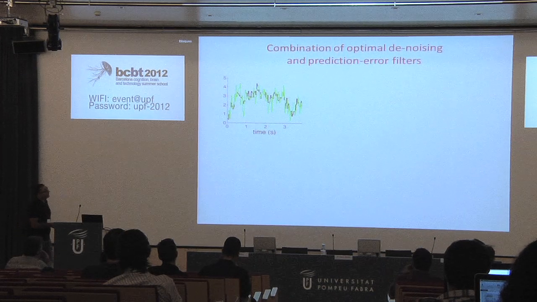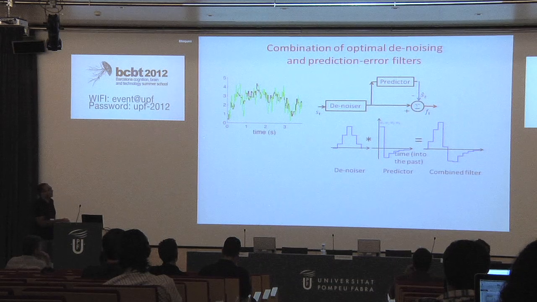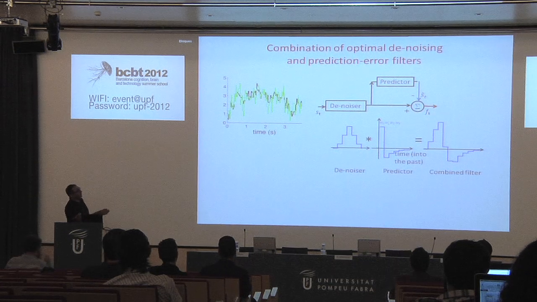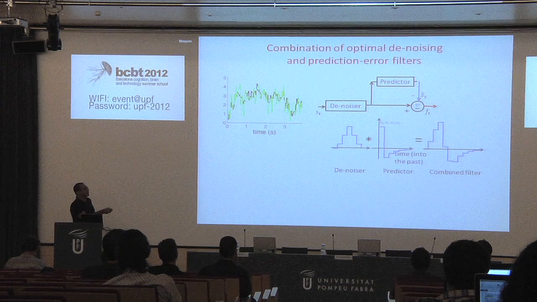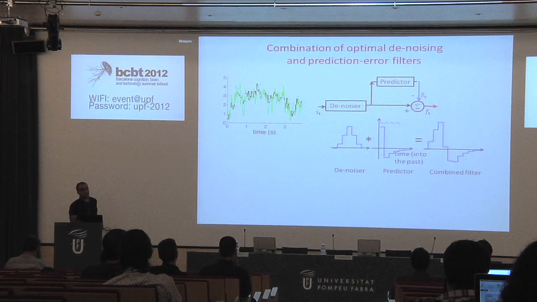To fight that problem, you can put another linear filter in front of the predictive coding filter, which denoises the signal by, for example, low-pass filtering it through this kind of shape.